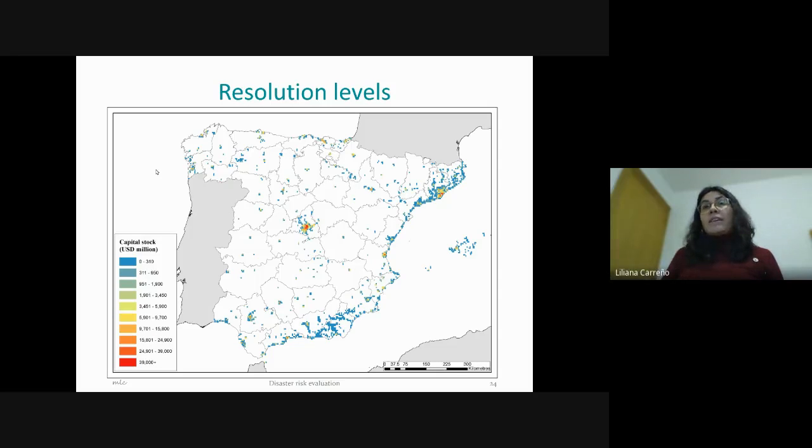This is an example of the resolution level used for the Global Assessment Report of UNDRR in 2017.